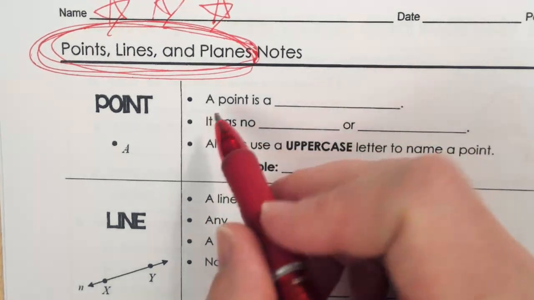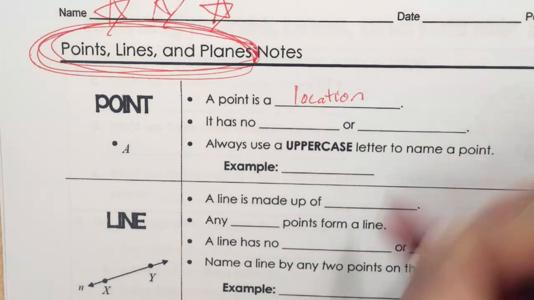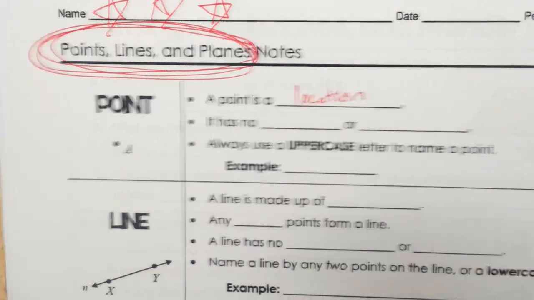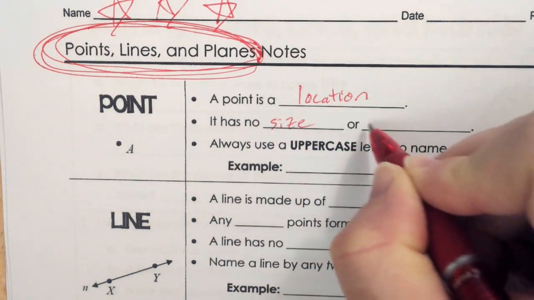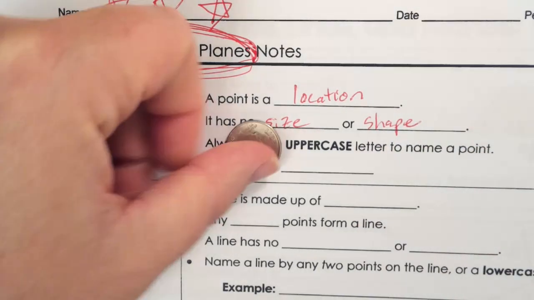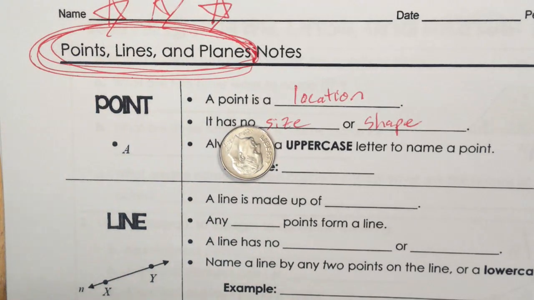A point is a location, like point A. A point is a location. It has no size and it has no shape. So it could be a dime or a quarter, or a state. Those are all locations.